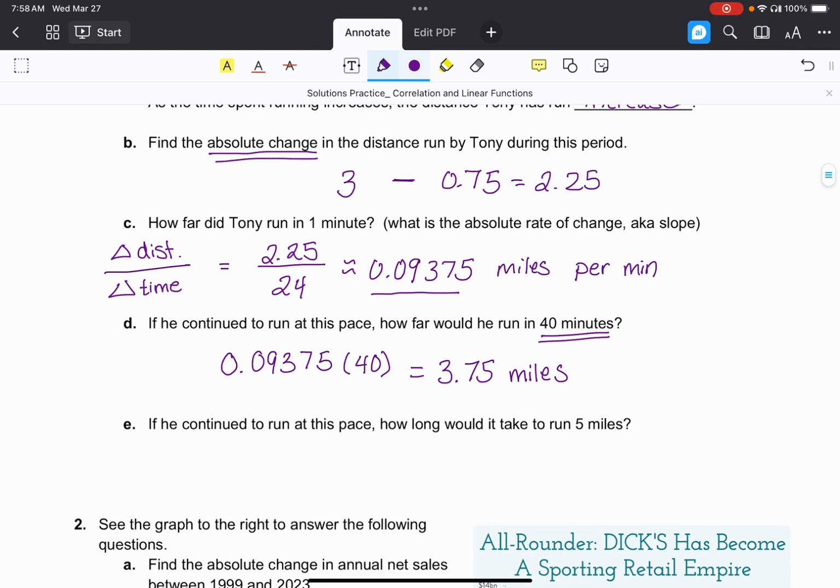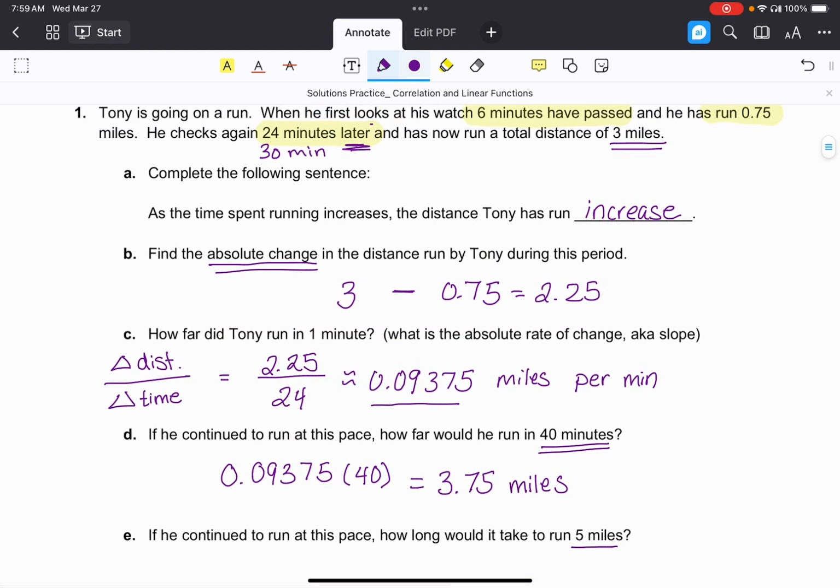All right, the next one. If he continued to run at this pace, how long would it take him to run 5 miles? There's a few different ways we could interpret this. One, with the word continued there, maybe I'm thinking, okay, he's already gone 3 miles, so how long will it take him to run the additional two, and so forth.